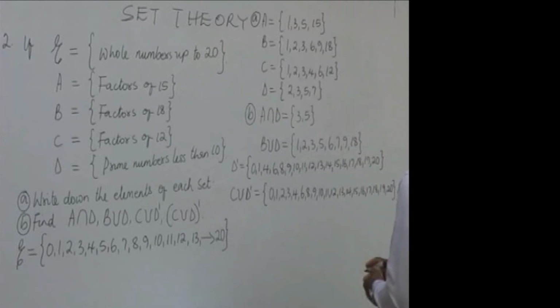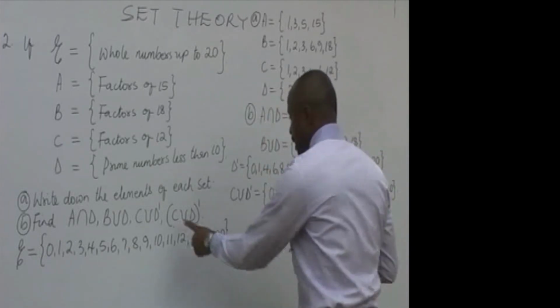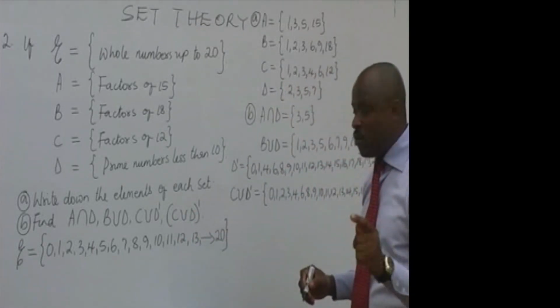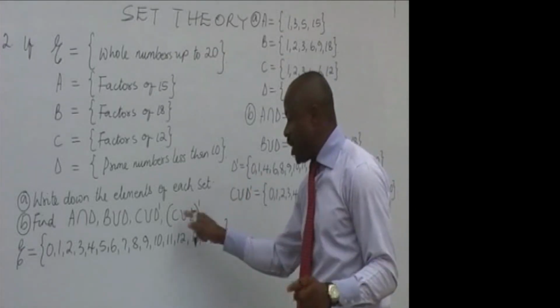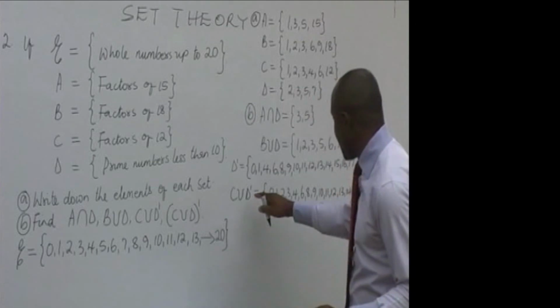All right. Now the last but not the least is C union D prime. So first of all, you will find C union D. Have you found it here?